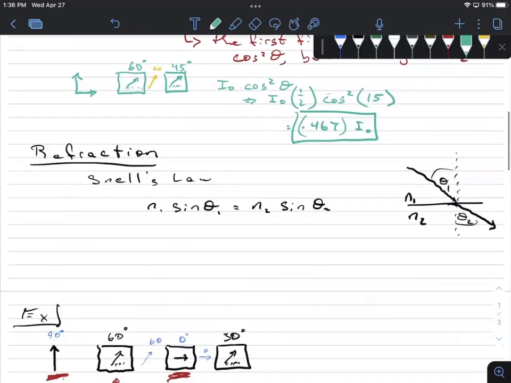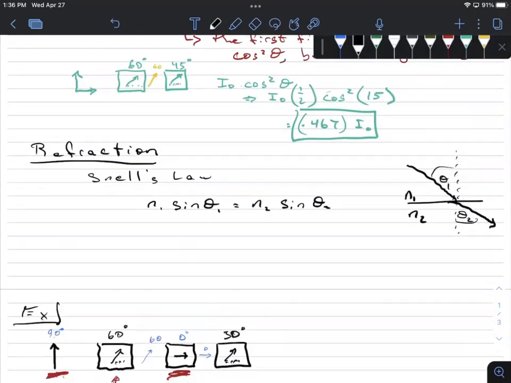All right, so back to refraction. Snell's law. Light coming in one medium, hits another medium, goes to a new angle. Perfectly fine. If we have 3 layers or 4 layers or more, then you just use Snell's law for the first 2, and then Snell's law for 2 to 3, and then Snell's law from 3 to 4, and so on, till you get whatever answer you're looking for.